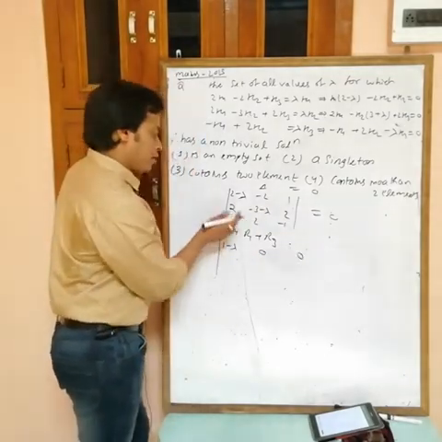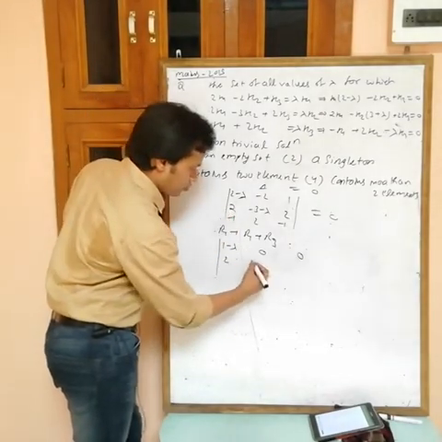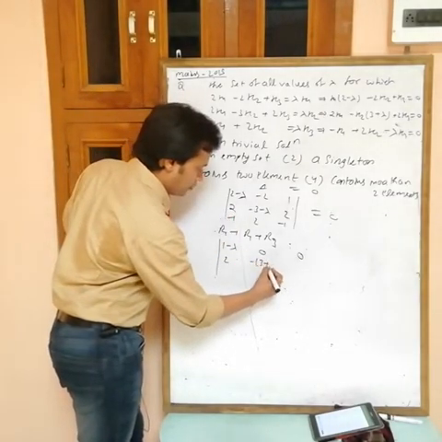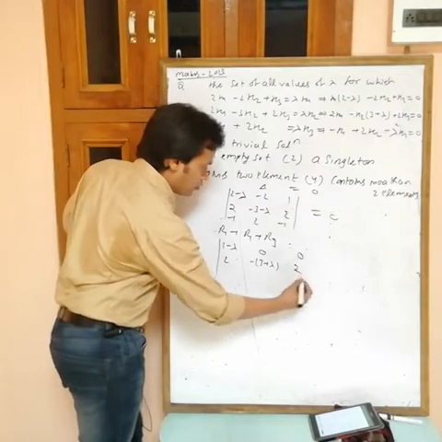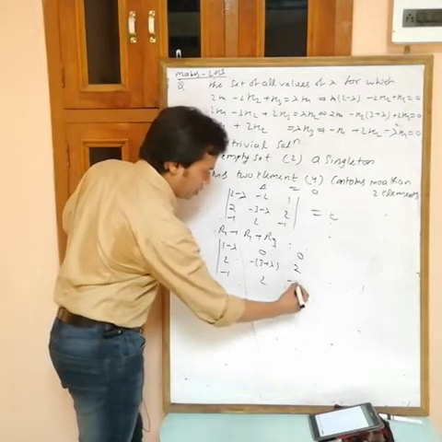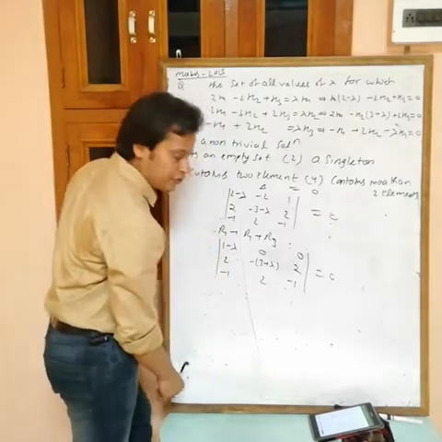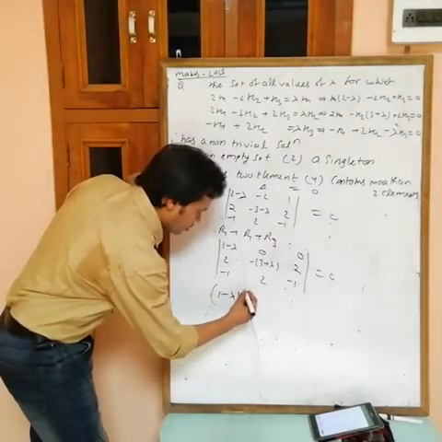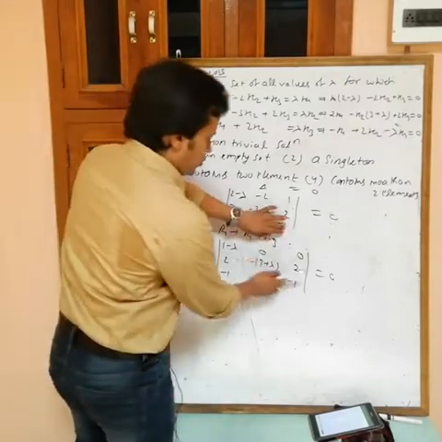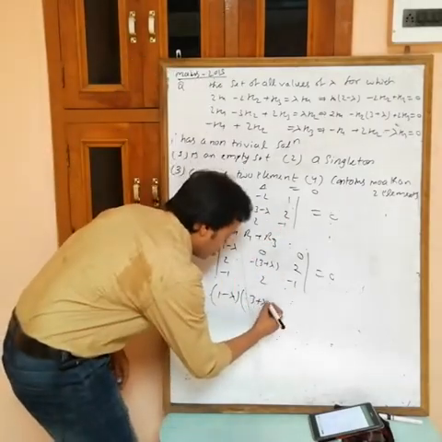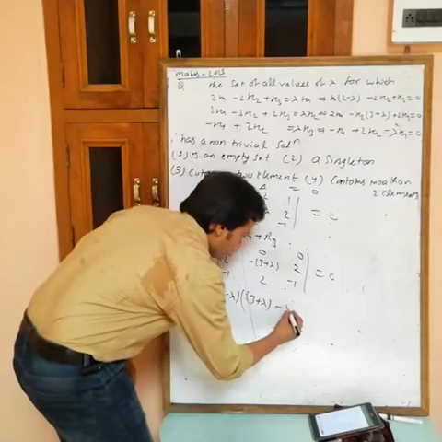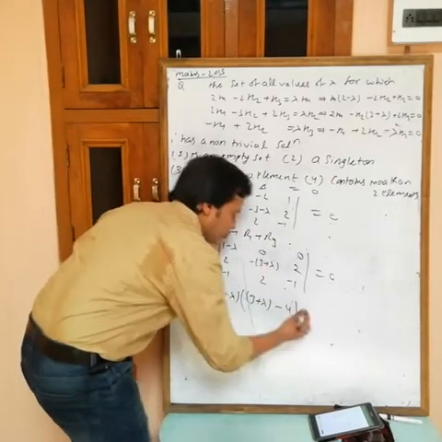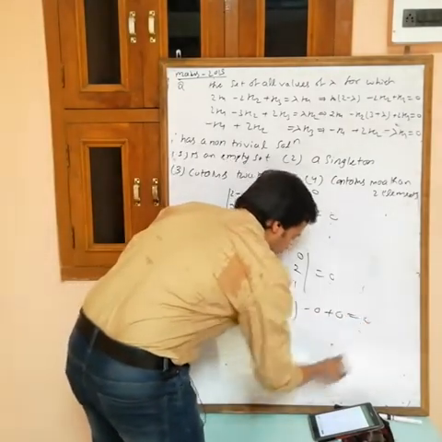Now R2 and R3 remain the same: 2, minus (3 plus lambda), 2; minus 1, 2, minus lambda. Now expand with respect to R1. 1 minus lambda multiplied by its cofactor: this one into this one is (3 plus lambda), and minus this one into this one is 4. Then 0 multiplied by its cofactor becomes 0.